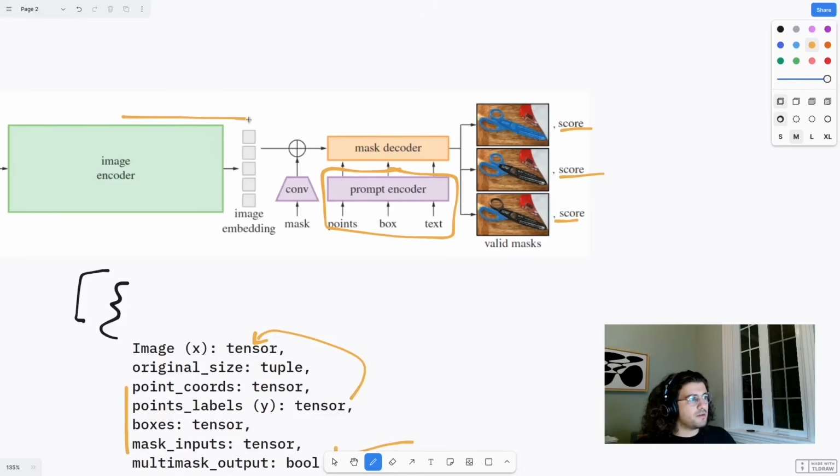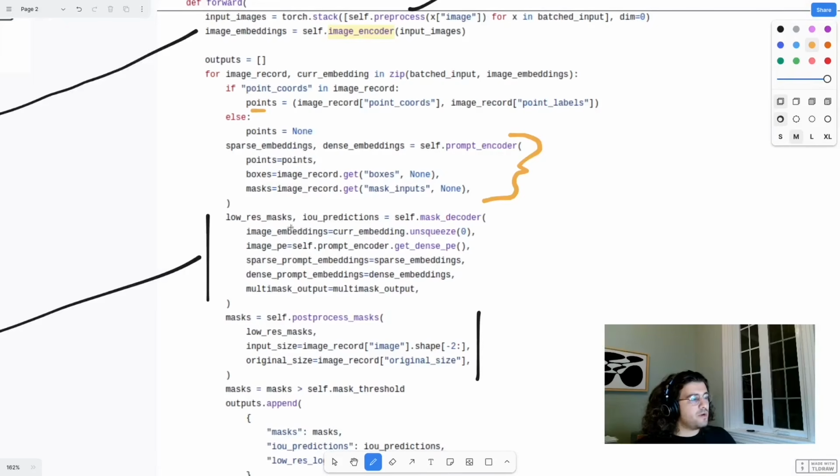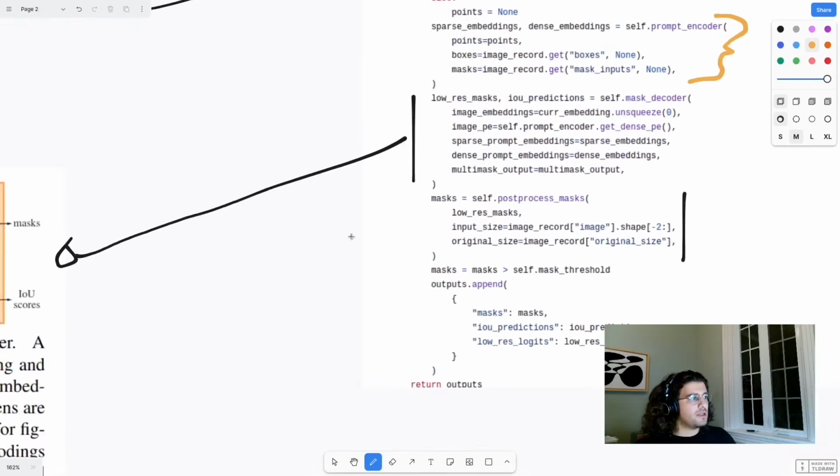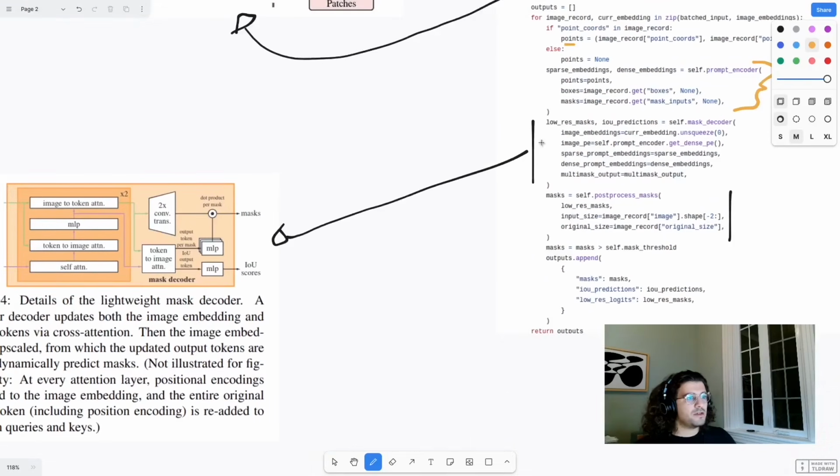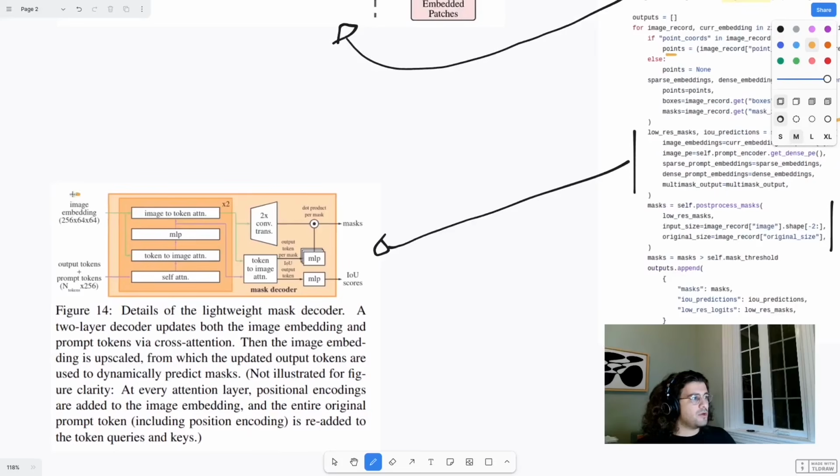We've done this part. And after this point, we're going to do the mask decoder. We're going to take everything that is our current embedding, the prompt encoder, the sparse embedding, all of this, and we're going to give it all to this thing. And then it will go through this complicated flow to output the mask and the IOU score over there.